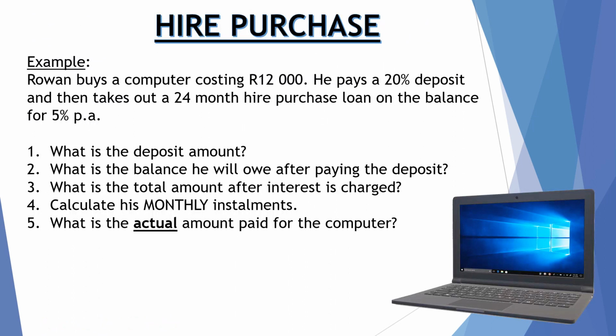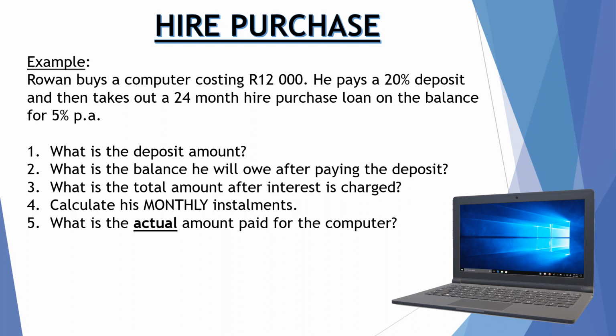So here we have our example on hire purchase. So first of all, Rowan buys a computer costing 12,000 Rand. He pays a 20% deposit and then takes out a 24-month hire purchase loan on the balance.